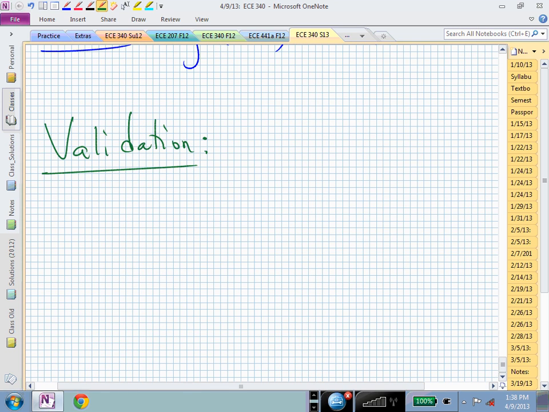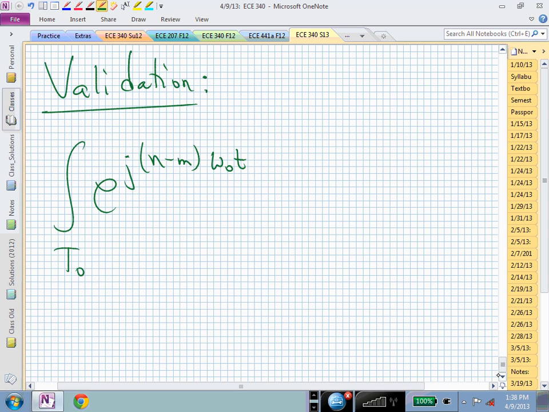Here's our validation. What we want to do now is simply show why that's true. If we look at this integral over one period of e to the j n minus m omega naught t, Euler tells us that that's just a combination of cosine and sine.